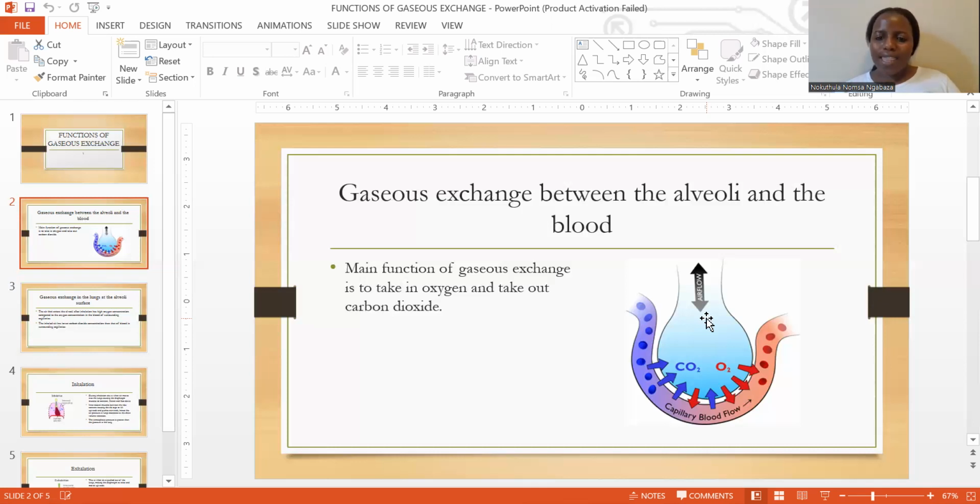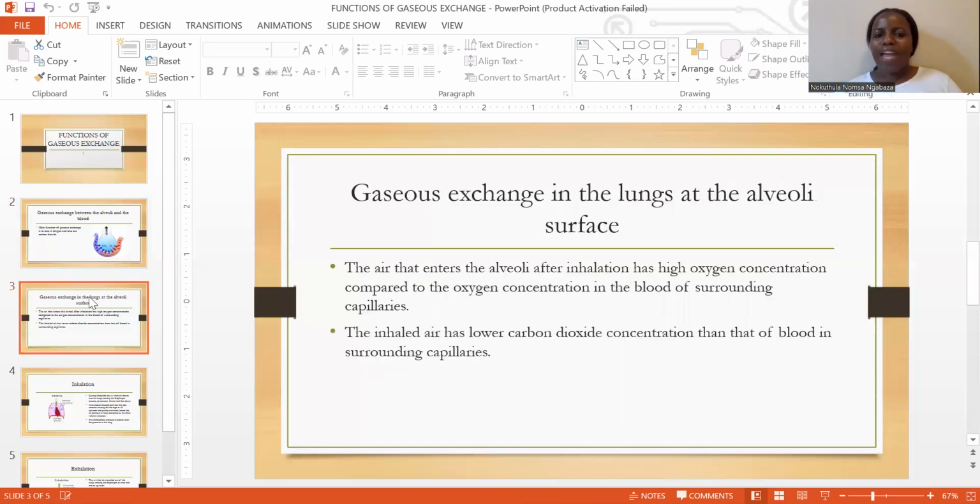One thing we all have to know is that the air that enters your alveoli after you have inhaled is going to have a high concentration of oxygen compared to the amount of oxygen you initially found in the blood or surrounding capillaries.